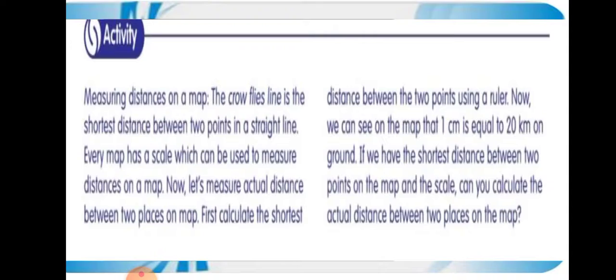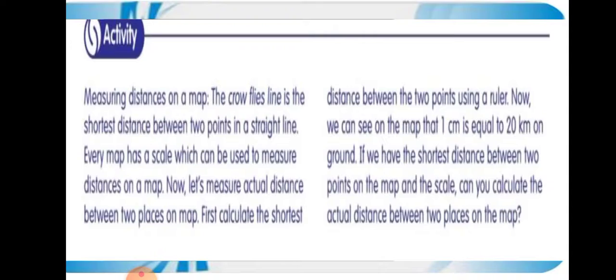Now let's measure the actual distance between two places on a map. First, calculate the shortest distance between the 2 points using a ruler. Now, we can see on the map that 1 centimeter is equal to 20 kilometers on the ground.